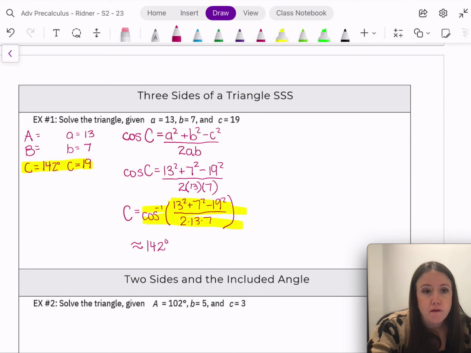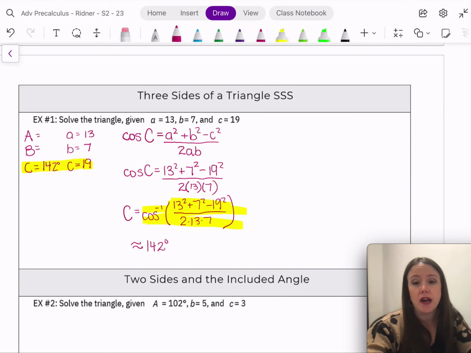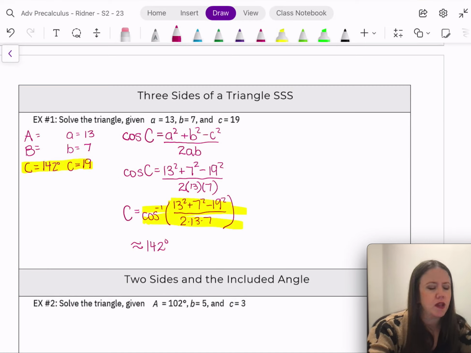All right, from here, you have the option. If that was pretty easy, do law of cosines for B, do law of cosines for A, be done. Same formula, just switch your numbers around. If you're like, I've been doing law of sines so long, and I'm awesome at it, I want to do law of sines, you're allowed now, because now we have two different things for law of sines.